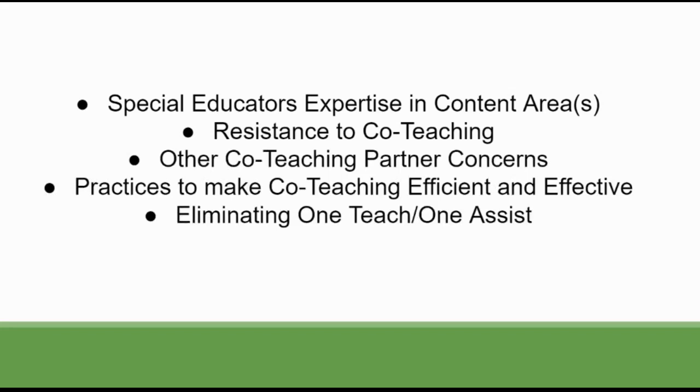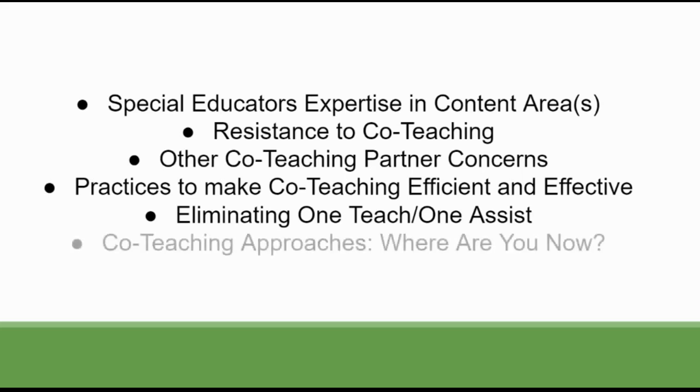Again, eliminating the one teach and one assist, because if you have that model going on, that's a comfort zone they're used to. How do we back away from it in a very respectful way so that we are moving forward in our intentionality of utilizing the other four?